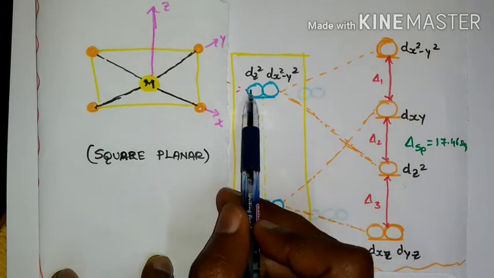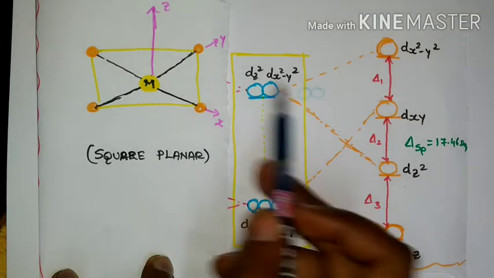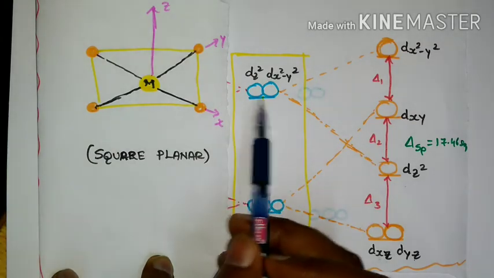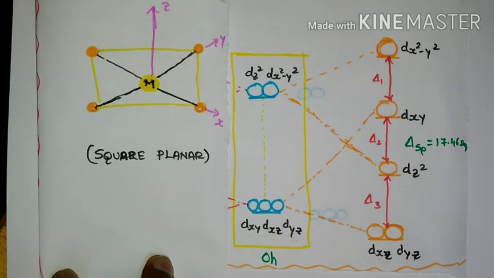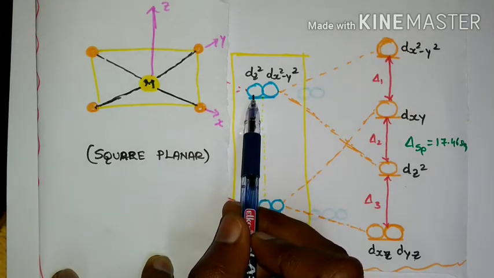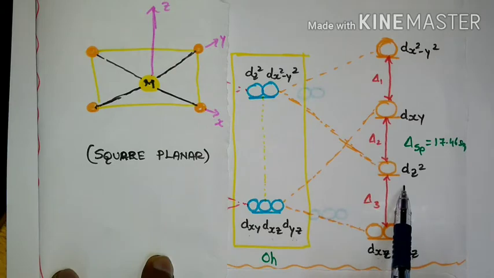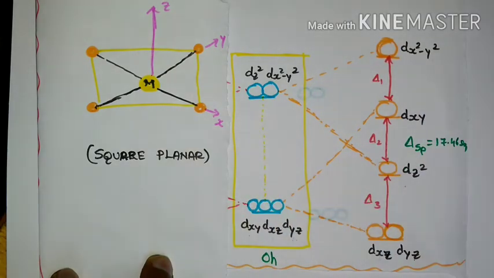And dz square and dx square minus y square, which are degenerate in the octahedral environment, now there is no ligand along the z-axis, so dz square orbital energy will decrease, whereas dx square minus y square orbital energy will increase. So this is in the case of square planar geometry.